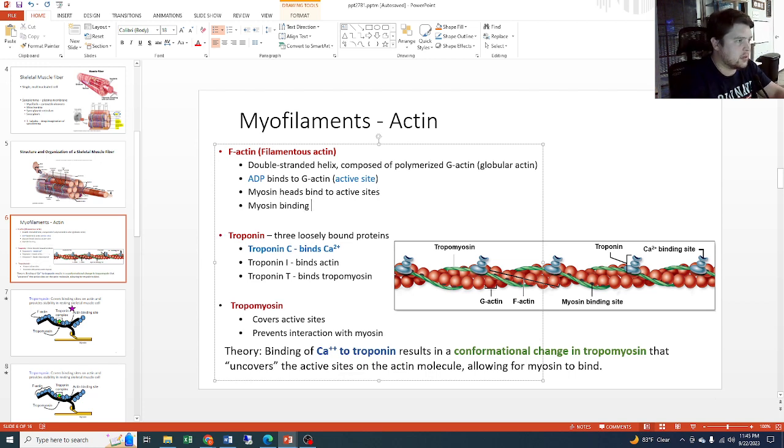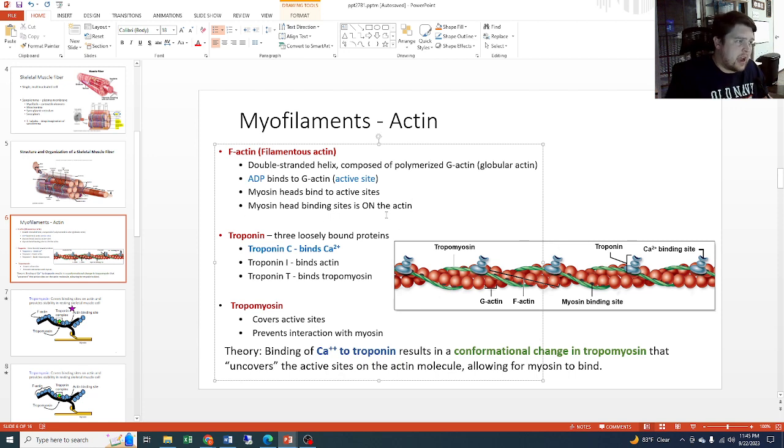Myosin binding sites are on the actin. So on the actin, you have myosin binding sites. Okay? On the myosin, you have actin binding sites because the actin binds there. On the actin, myosin binds. Okay?